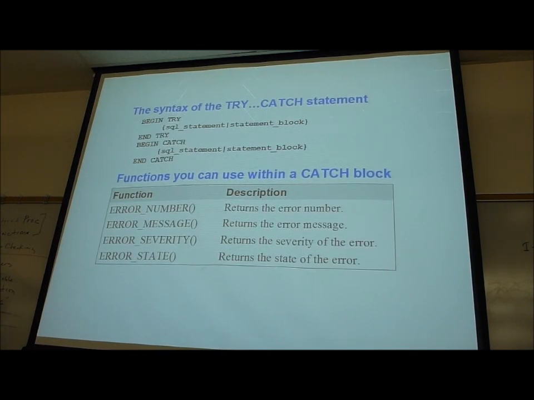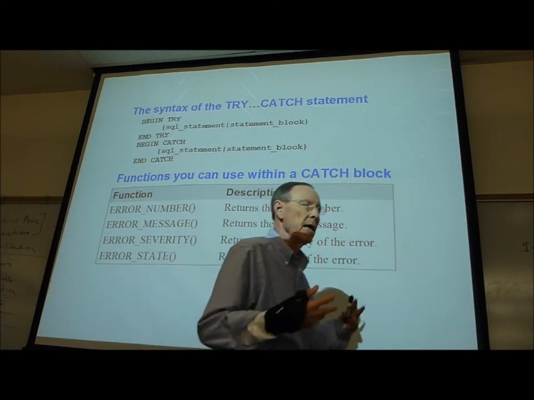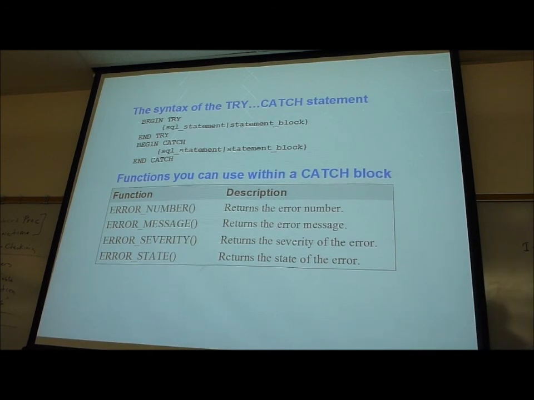What the try-catch block does is it allows me to gracefully capture this error and then take some kind of action. We'll look at an example of that. So it's always going to be this begin try, end try, begin catch, end catch. Those go together. So our execute statement would be where we have the SQL statements or block that is going to throw the error.